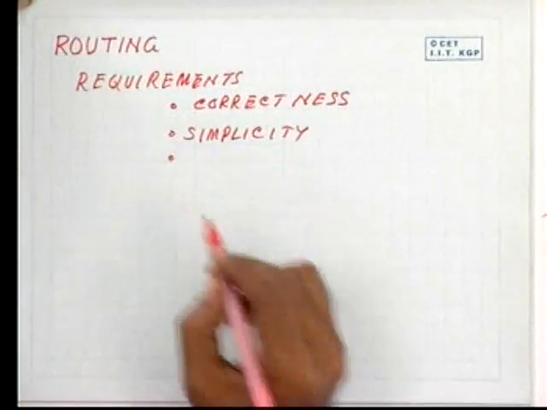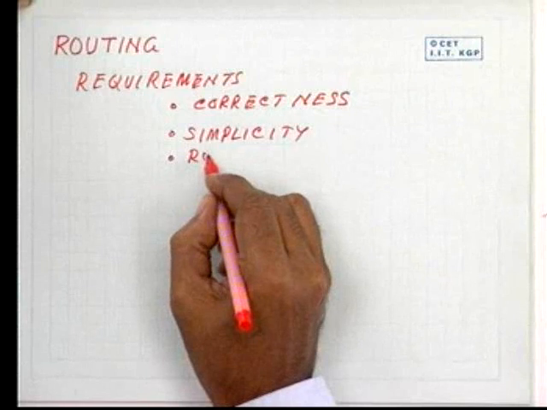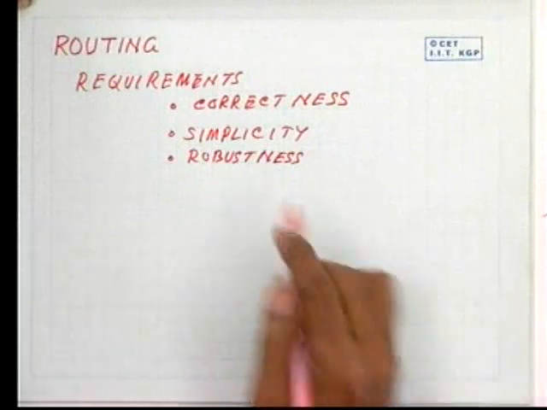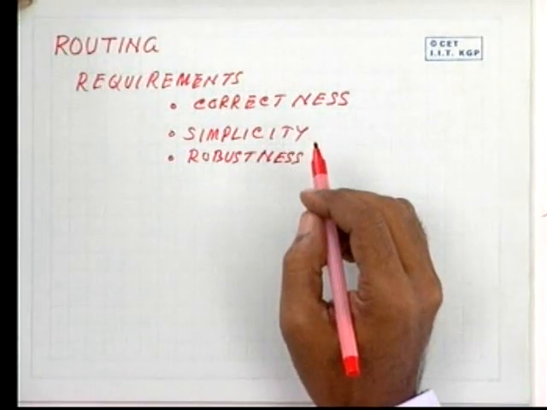Third important requirement is robustness. By robustness we mean, in a packet switch network, we have seen some of the links may fail, congestion may develop in some parts of the network, and as a consequence, because of link failure or congestion in some part of the network, a packet may not get delivered in time, may take enormous time, unbounded time.